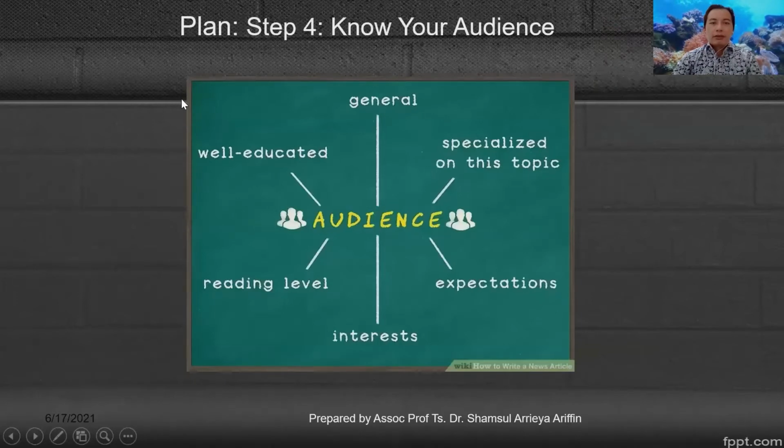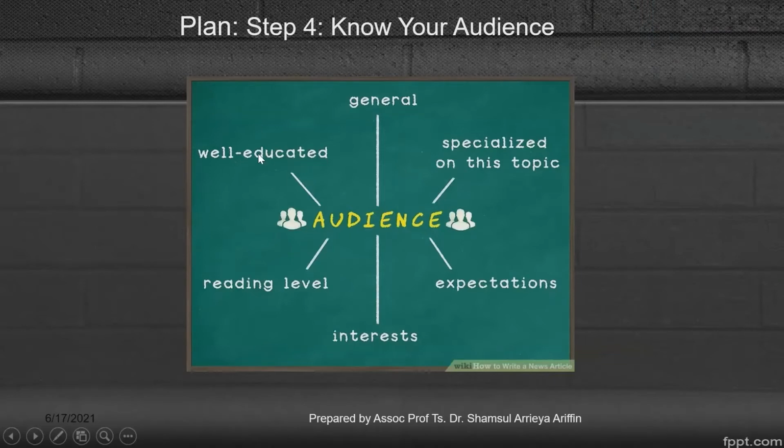Step 4. We are still at the planning stage here. Step 4, know your audience. When you know your audience, you need to know whether they are well educated or whether they are, say, makcik kia. So you need to differentiate them. Or whether they are elderly, or children, or OKU.